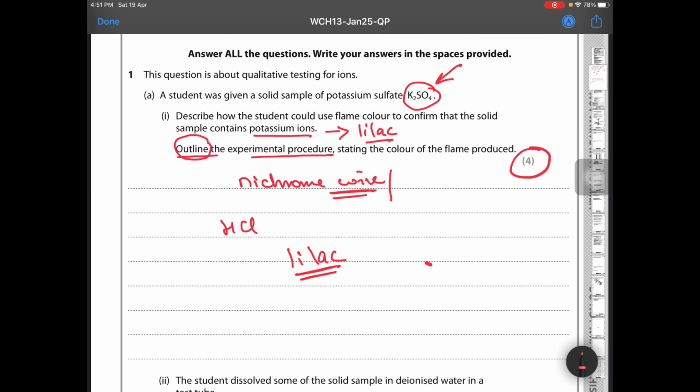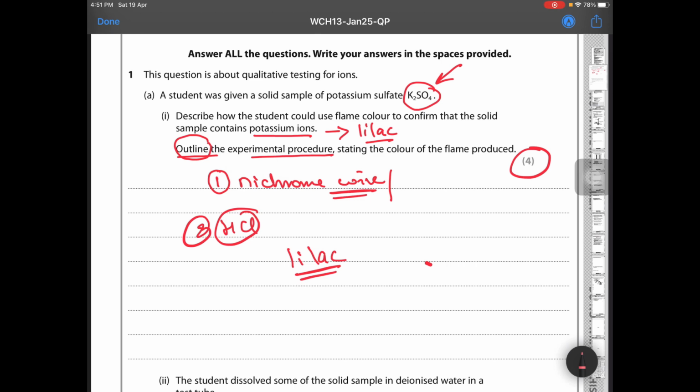So how are you going to get 4 marks? The first mark is for the keyword: nichrome wire, platinum wire, or nickel chromium wire. Second is that you use the acid HCl to make a paste of that solution.